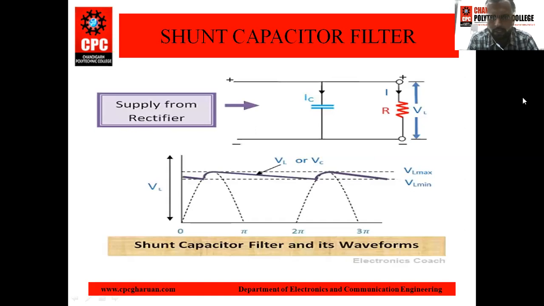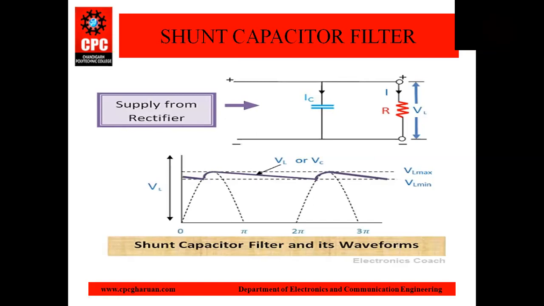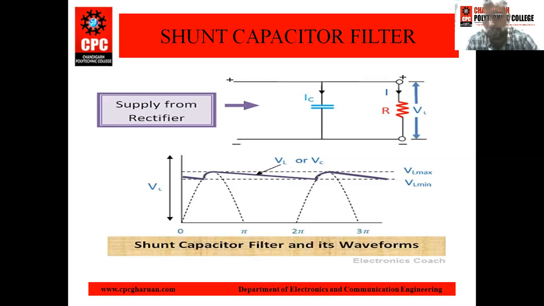First of all, the shunt capacitor filter. Shunt means parallel. The output of the full wave rectifier is connected at this point, and in parallel with the output, the capacitor is connected. The function of a capacitor is to pass the AC component and block the DC component.